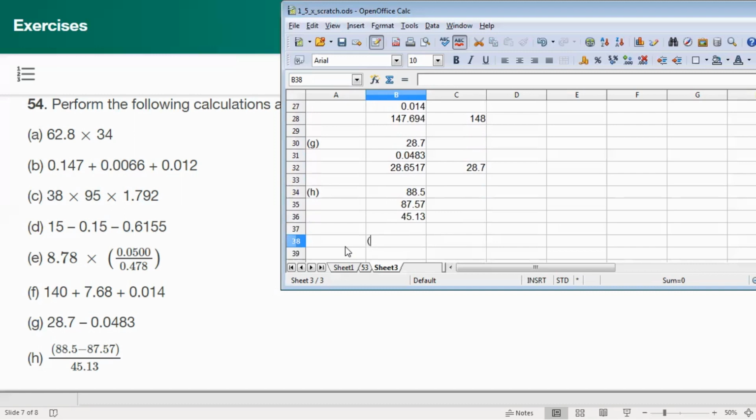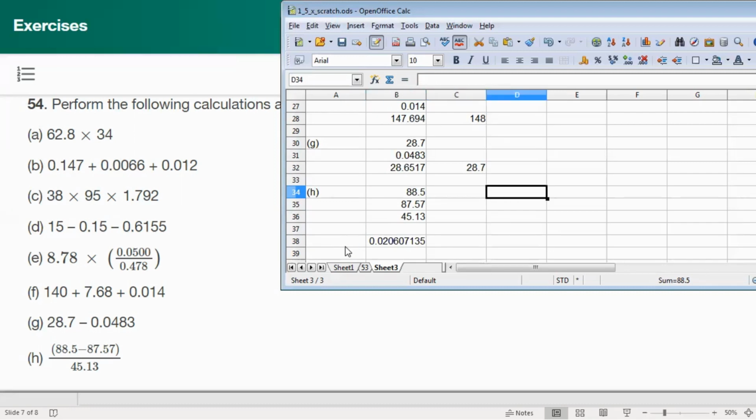So first we'll do the subtraction. 88.5 minus 87.57 divided by 45.13. So the result of this should only have one number past the decimal point.